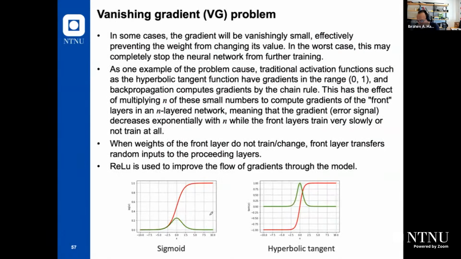In some cases, the gradient will be very small, effectively preventing the weights from changing their value. And in the worst case, this may completely stop the neural network from further training. As one example of the problem's cause, traditional activation functions such as the hyperbolic tangent function have gradients in the range between 0 and 1, right?